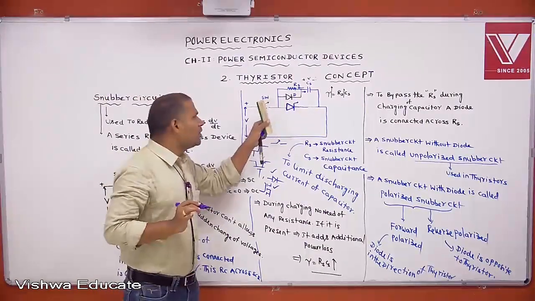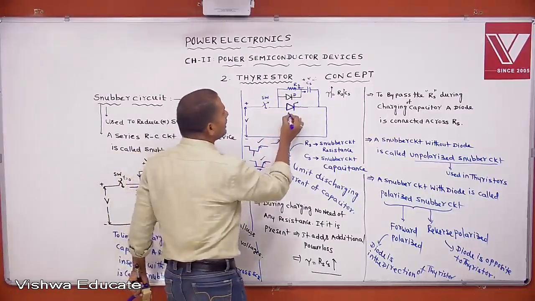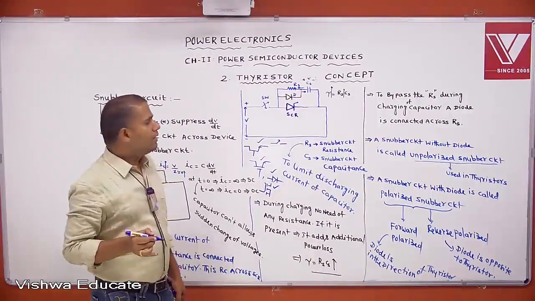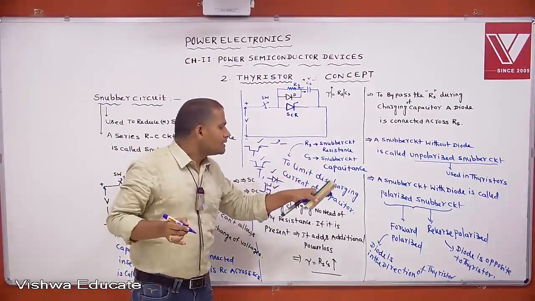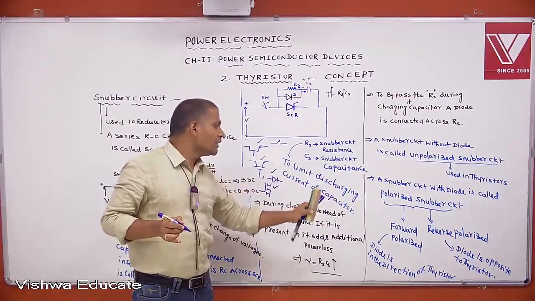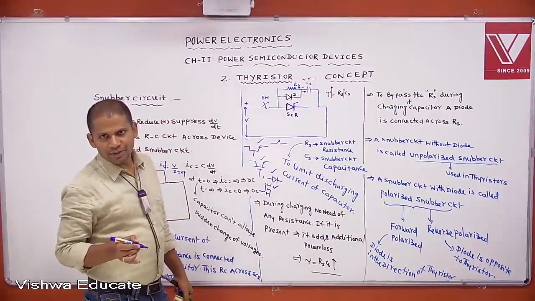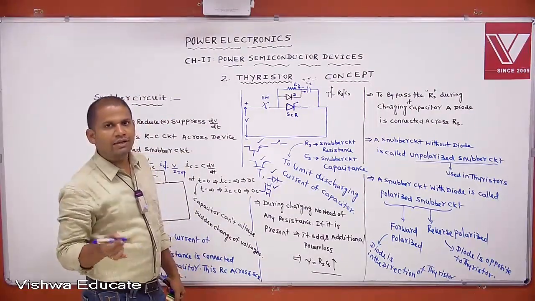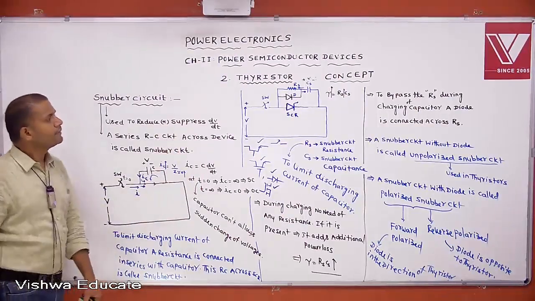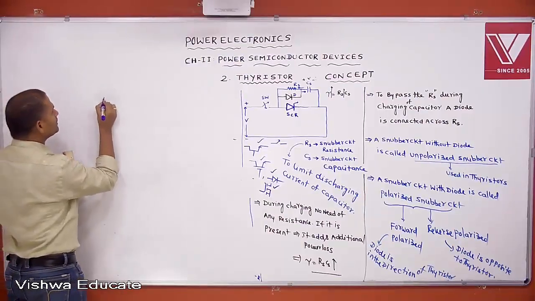But here I am talking about a protection circuit for the thyristor, which is why I took the thyristor device, an SCR. So that was about what exactly a snubber circuit is, what is unpolarized and polarized, when to use a forward polarized and a reverse polarized snubber circuit.